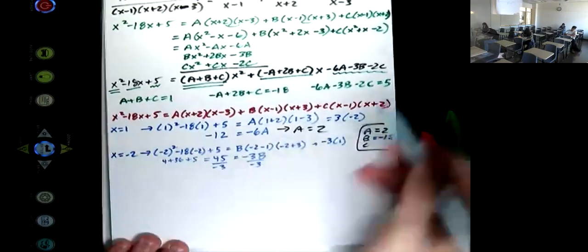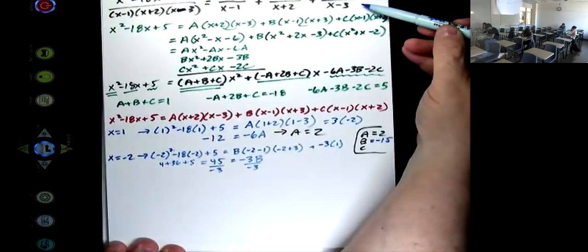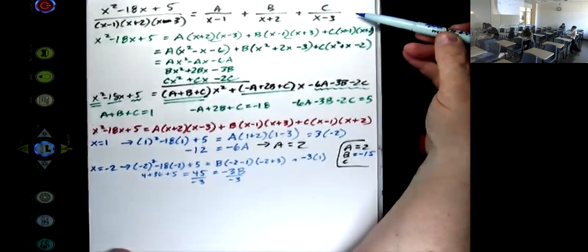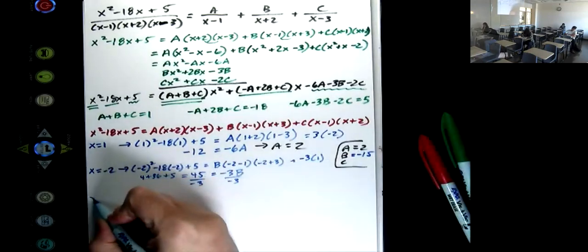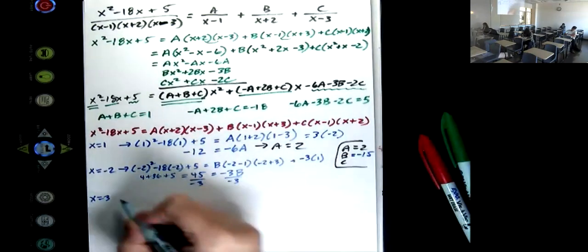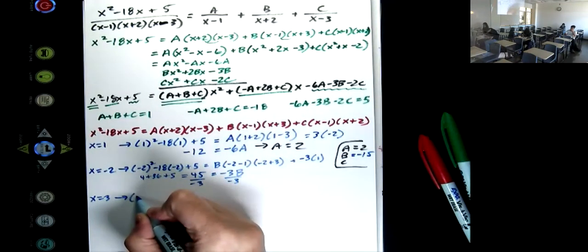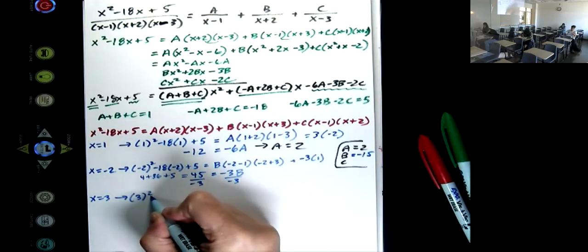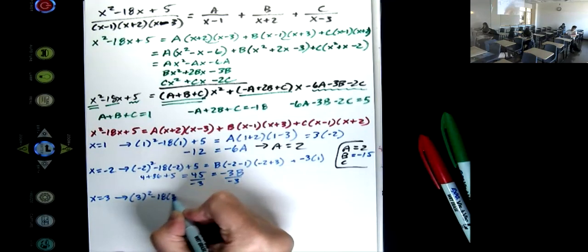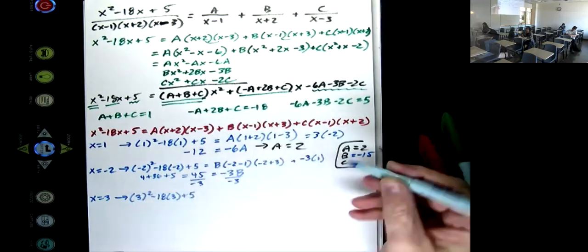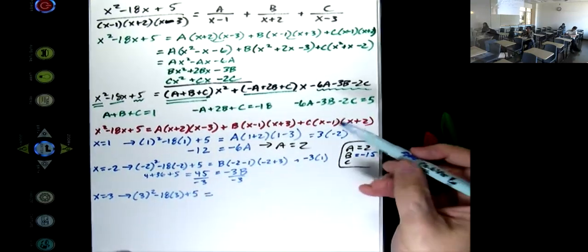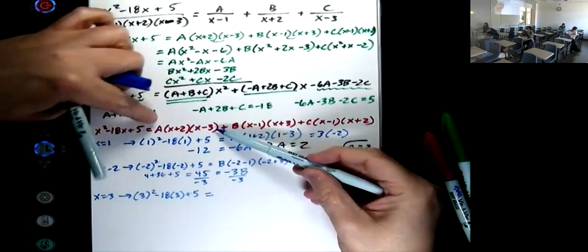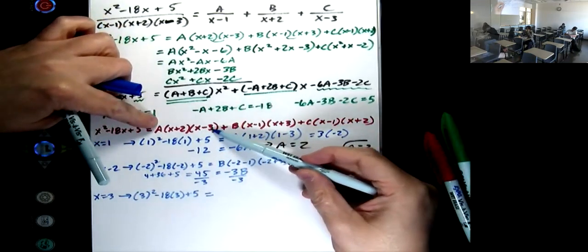And finally, if I do the last one, the value that will make this denominator 0 is x equals 3. So let's do x equals 3. I have 3 squared minus 18 times 3 plus 5 equals. Plugging in 3 will zero out the A, because 3 minus 3 is 0.